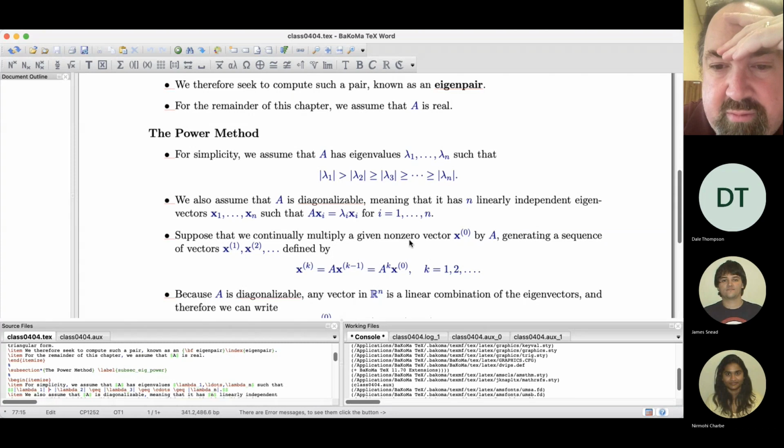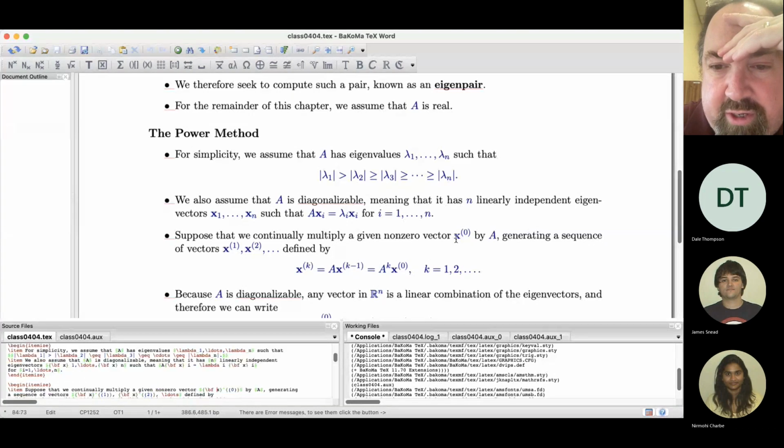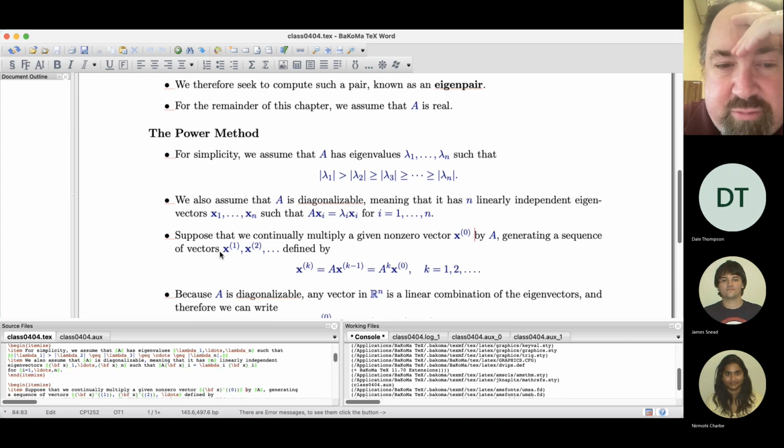Now, the idea is we choose some initial vector, x^(0). The only requirement is that it has to be non-zero. And then we will multiply that by A to get x^(1), multiply by A to get x^(2), and so on. Now, I realize there's an unfortunate choice of notation here.